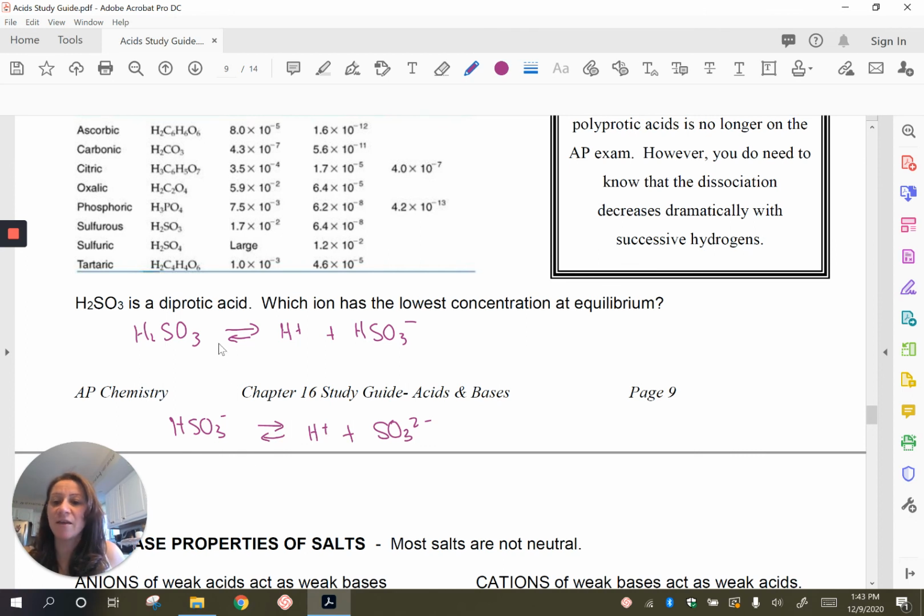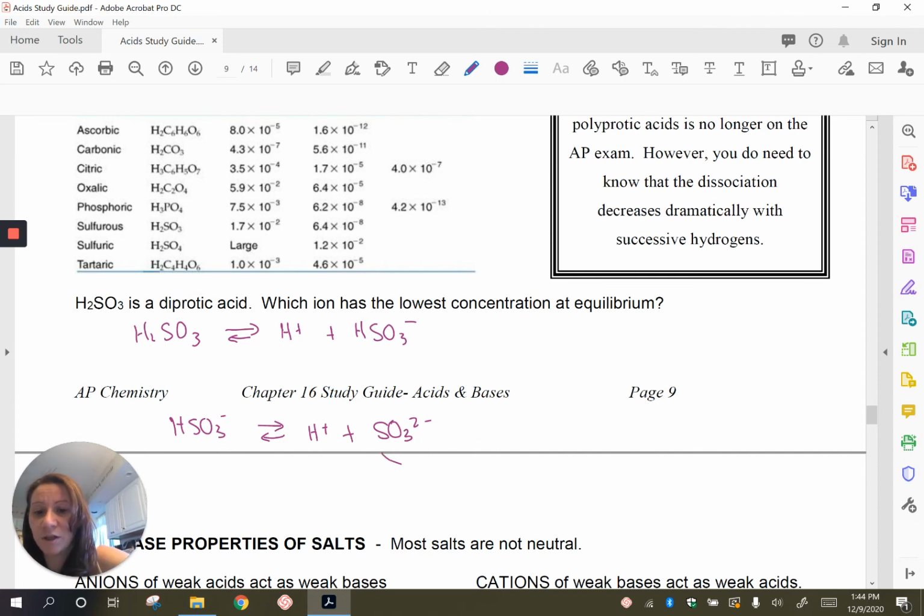So let's say this ionization is 50%. So 50% of this turns into H plus and HSO3 minus. Well, then this one might be like 10%. So only 10% of this would turn into H plus and SO3 2 minus. So then which ion would have the smallest concentration?